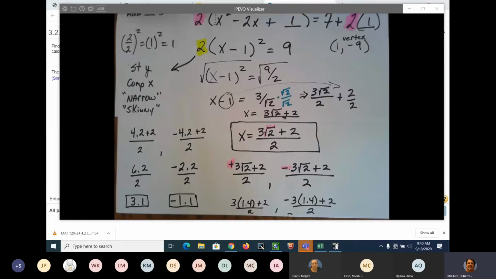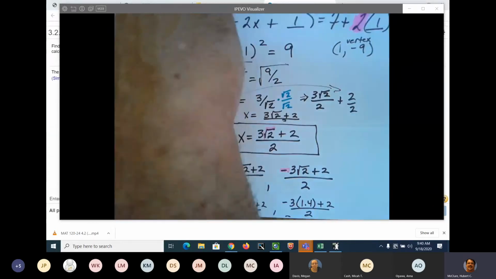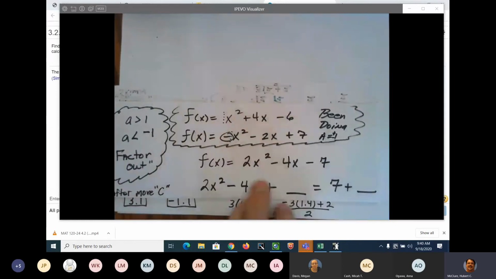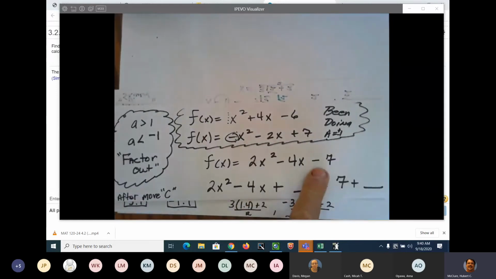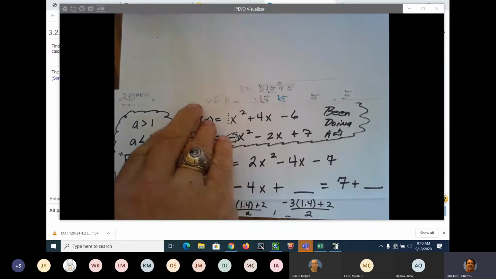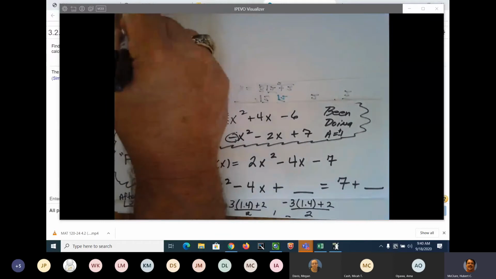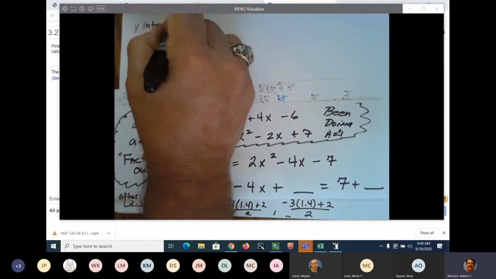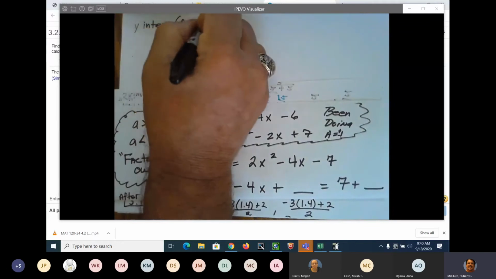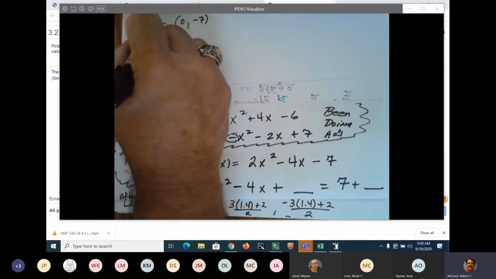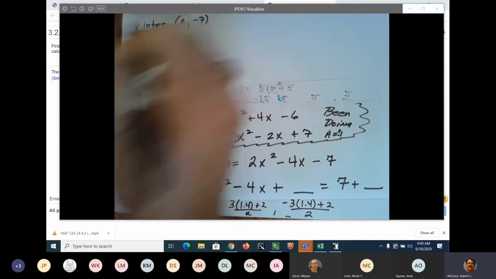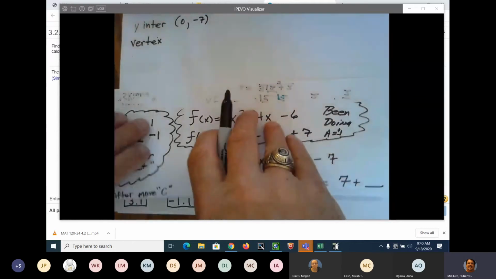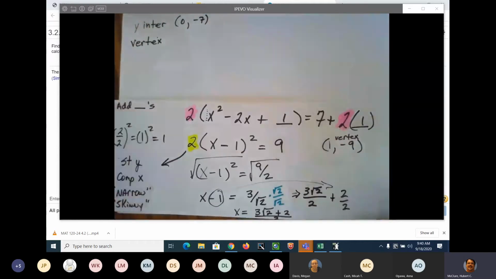Okay, so what was our original y-intercept? Our y-intercept is -7. All right, so I'm going to write this down. Y-intercept is (0, -7). Our vertex is (1, -9).